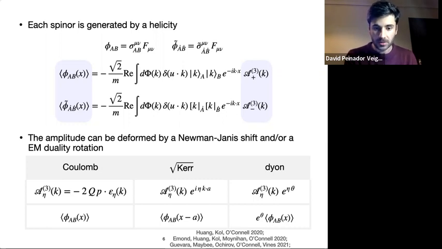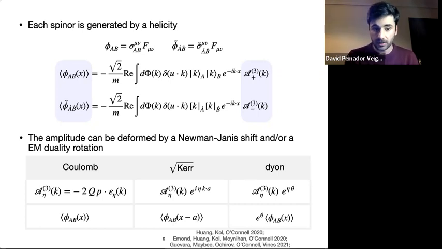However, with a little bit of effort, you can do a Newman-Janis shift in this amplitude, and you get square root of Kerr, which is a solution in electromagnetism that has an extended source and some spin. In terms of spinors, this Newman-Janis shift accounts for a real shift in the Maxwell spinor, and the inverse shift or translation in the dual Maxwell spinor.